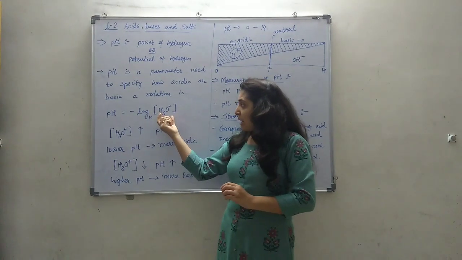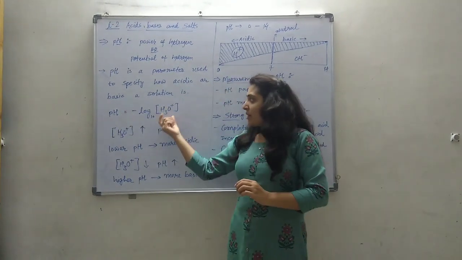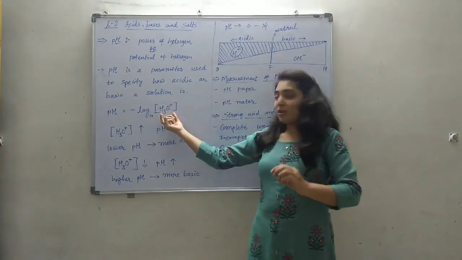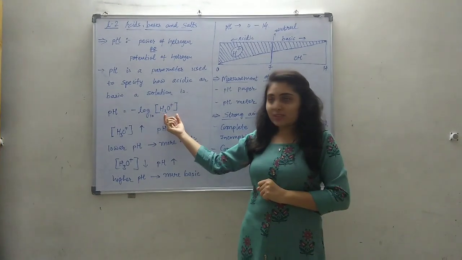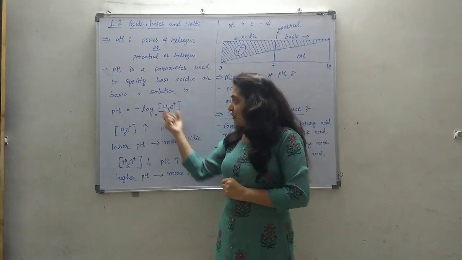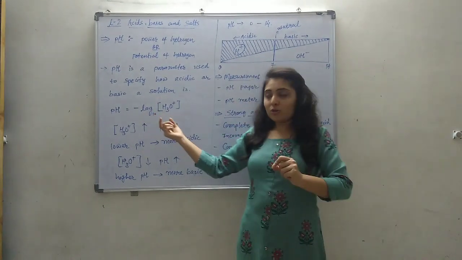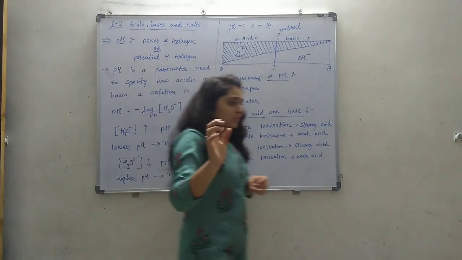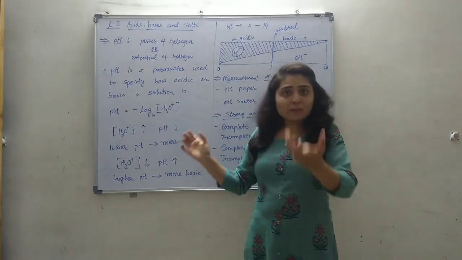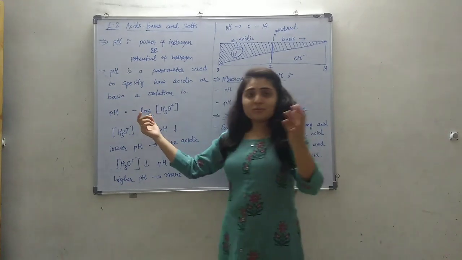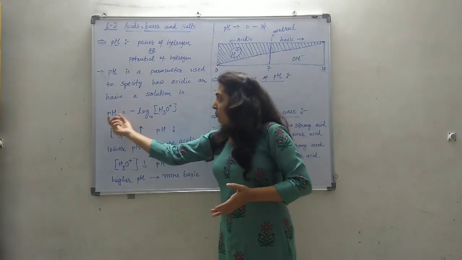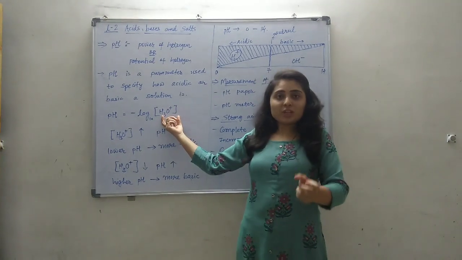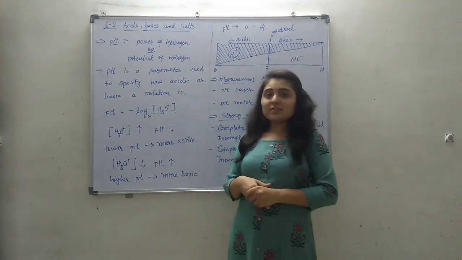So pH depends on the concentration of H plus ion, and it is calculated by taking a logarithm. The logarithm calculation is not in our syllabus. So pH is the negative log of the concentration of H3O plus at base 10.